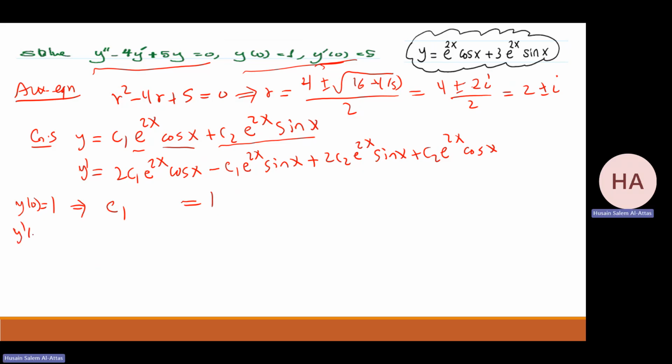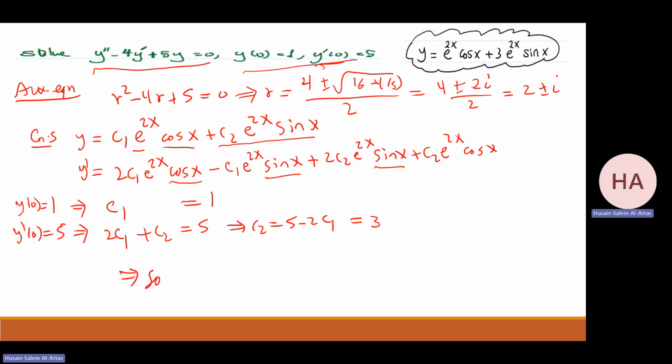y prime at 0 equals 5. That gives me what? Cosine 0 here, so I have 2C1. Here sine 0 is 0, and here sine 0 is 0. Plus C2 equals 5. So that implies C2 is 5 minus 2C1, which, since C1 is 1, is equal to 3.